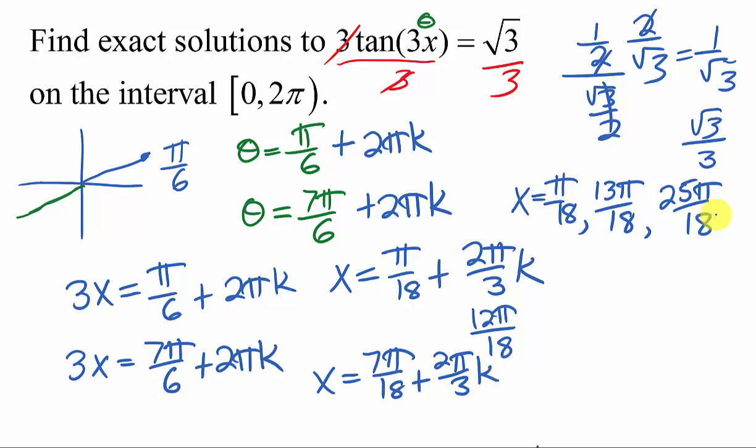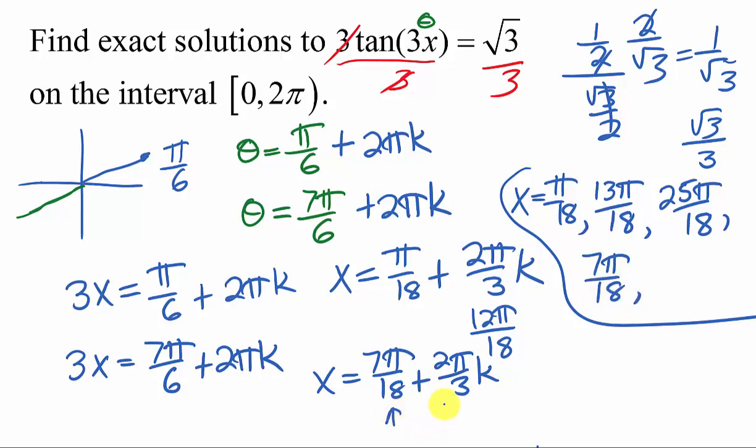So another solution after these 3, I'm going to put them right here. So another solution is 7 pi/18, which we had here. And now we add a period to that. We add 2 pi thirds, but we know that was 12 pi/18. So that looks like that's going to be 19 pi/18 for a 5th solution.